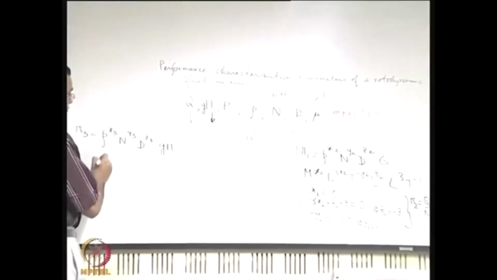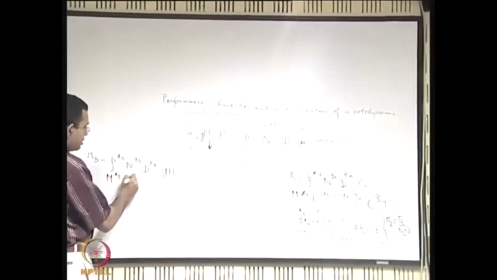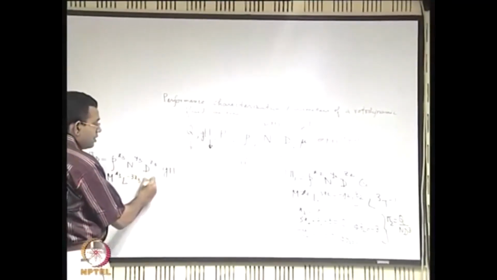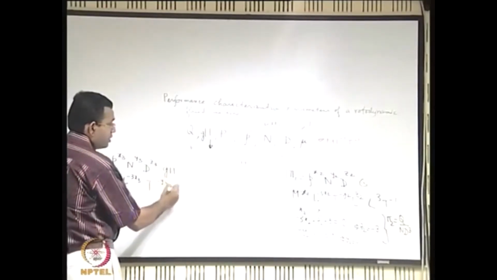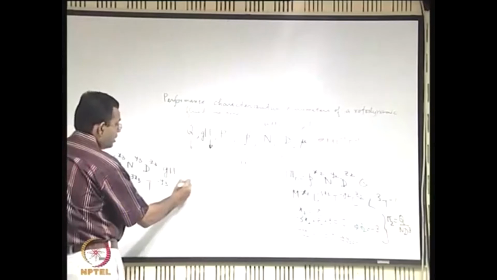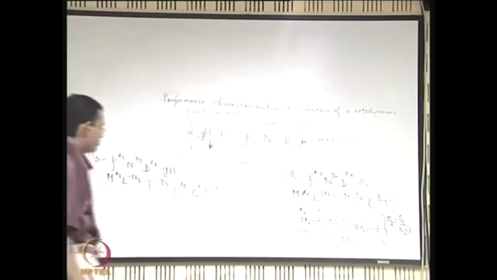So you have m to the power x 3, l to the power minus 3 x 3, then t to the power minus y 3, l to the power z 3, and this is L square t to the power minus 2.